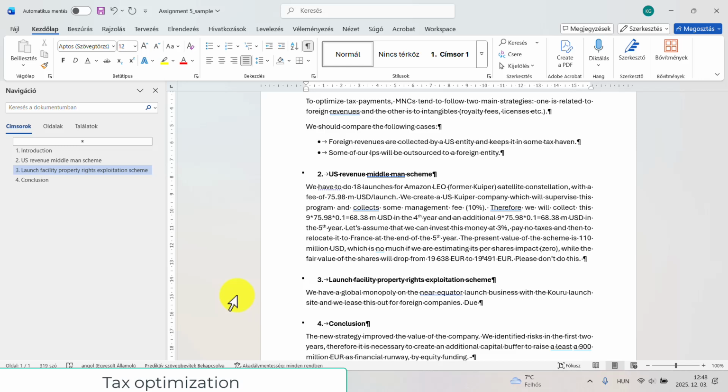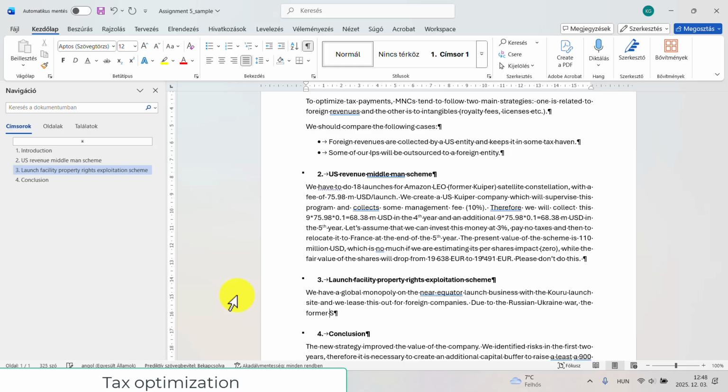Due to the war, the former Soyuz launch site is no longer operational.